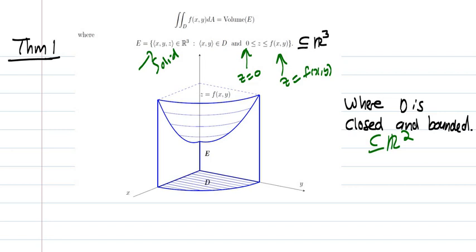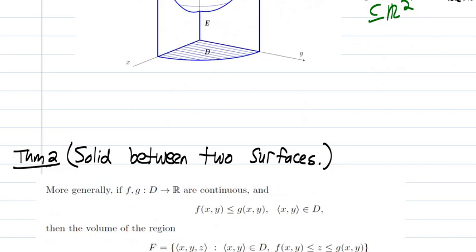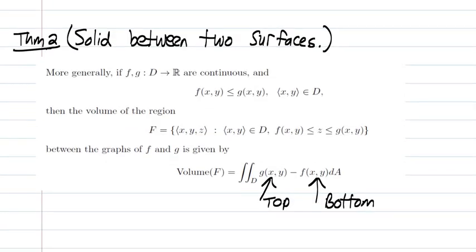Now, building upon this theorem, I'm going to have my second theorem, which is a solid between two surfaces. So if f and g are maps from set D to R, and they are continuous, and f is less than or equal to g for all 2D vectors (x, y) in D, then the region is a solid, and it's all the points in between these two surfaces.